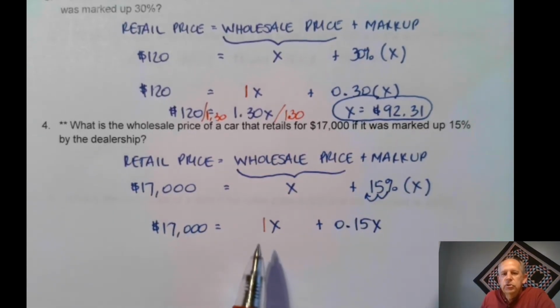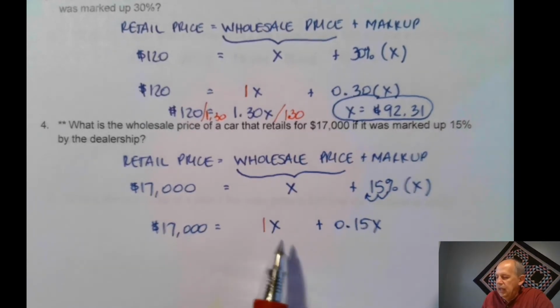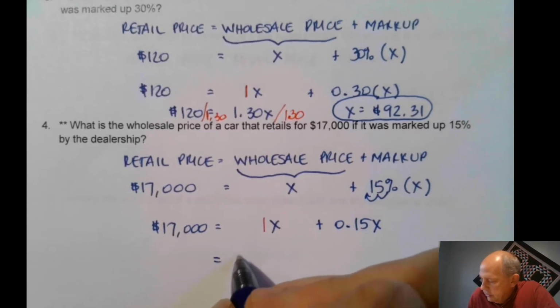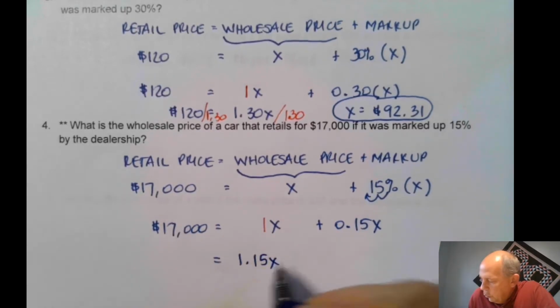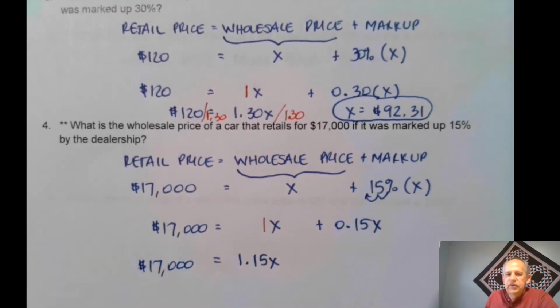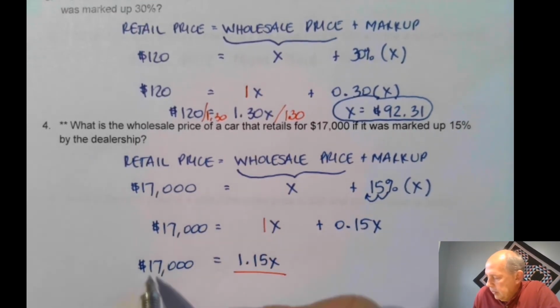Again, there's an understood 1 lead coefficient. I have an X, I have a 0.15X. I add those two together, and I would have 1.15x is equal to 17,000.